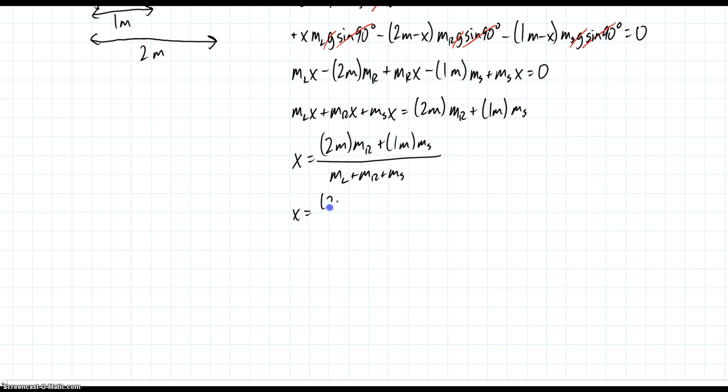Plug all of our masses in. Mass of the child on the right equals 30 kilograms. Mass of the seesaw is 20 kilograms. And mass of the person on the right is 40 kilograms.